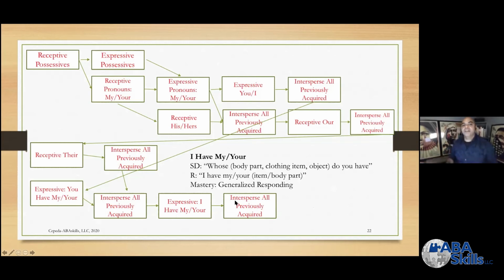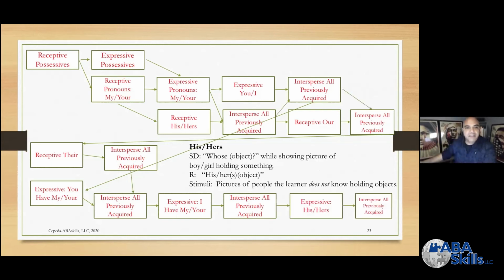We can say it all together. Intersperse all previously acquired. Fix the discrimination errors and go on to the next step. Excellent. Next step. Expressive his and hers. Whose object? His or her object. Good. What's the next step? Intersperse all previously acquired. Okay?